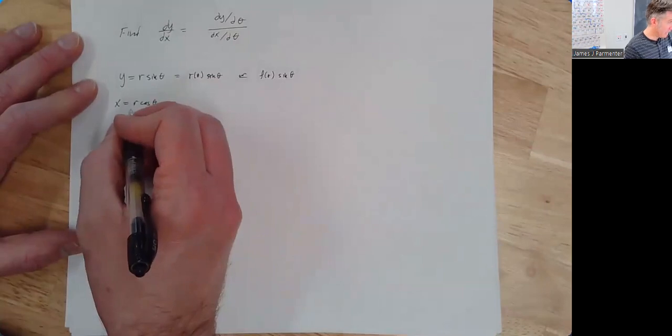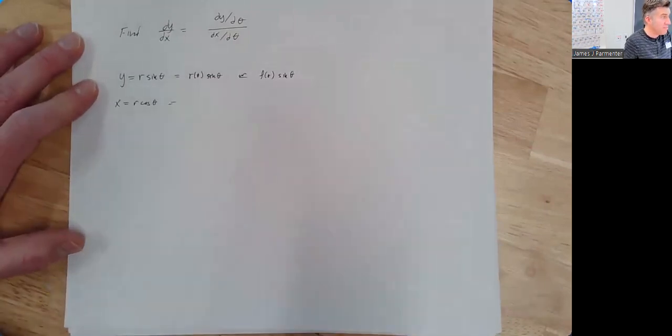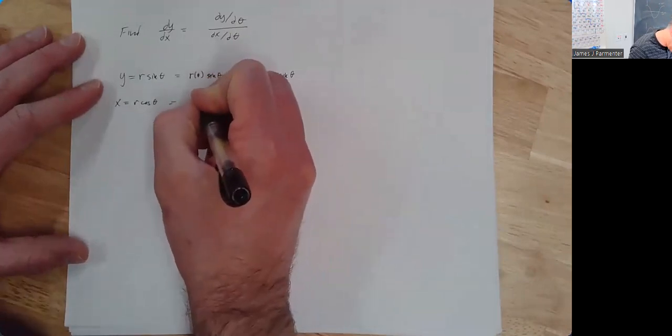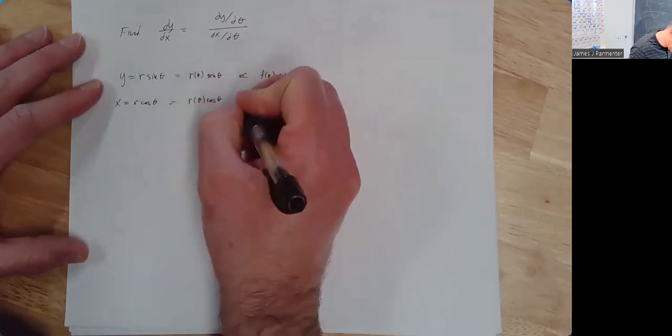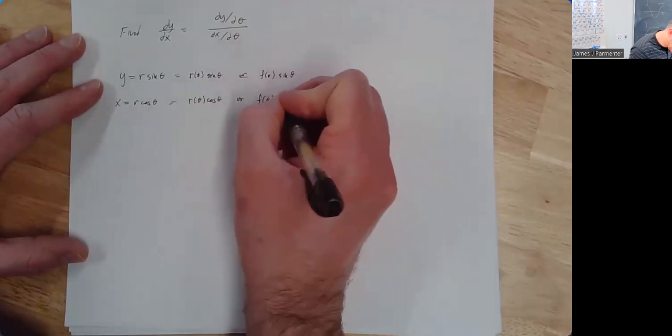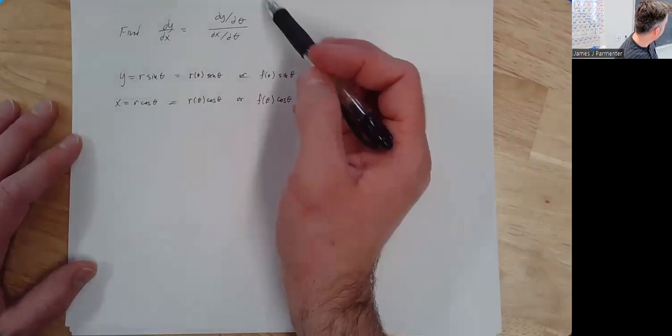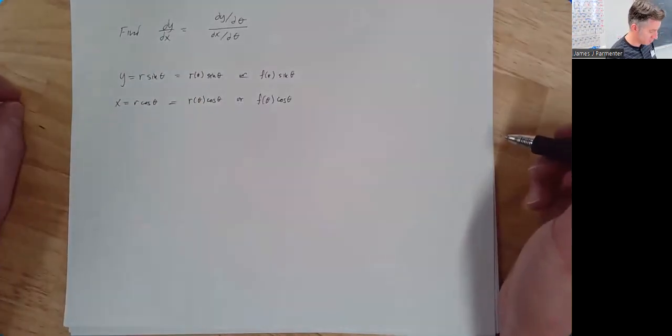Similarly, x in terms of theta, or parameterized on theta, is some function of theta times cosine of theta, or if you prefer, f of theta times cosine of theta. So then if you want to take these derivatives, you have to use the product rule.